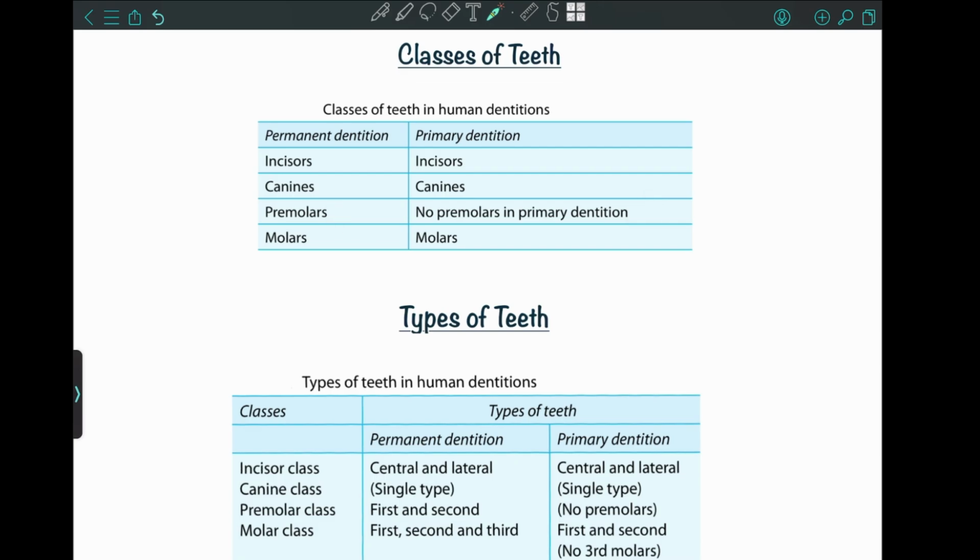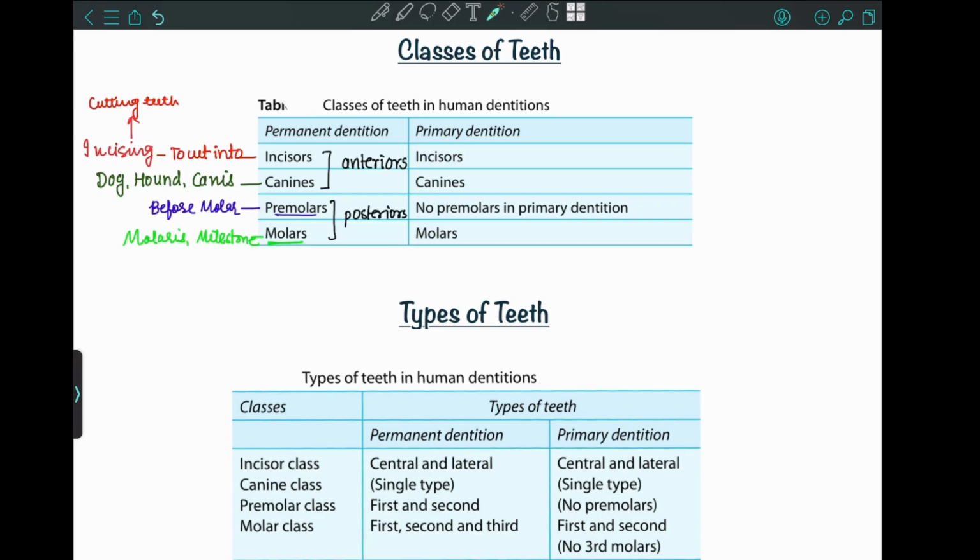There are no primary premolars. Therefore, the primary dentition consists of only 3 classes of teeth: the incisors, the canines and the molars. The incisors and canines are collectively known as anteriors, while the premolars and molars are collectively referred to as posteriors.